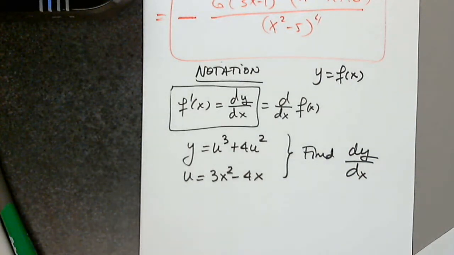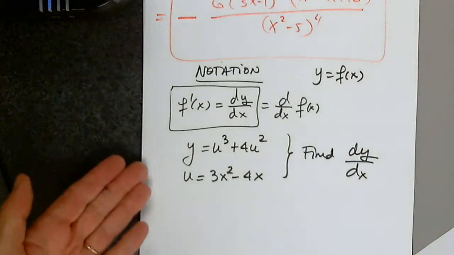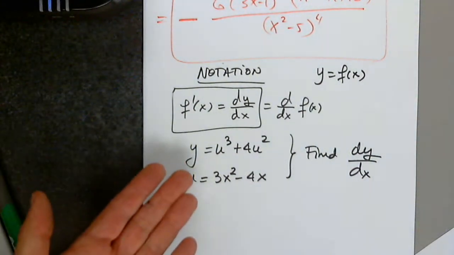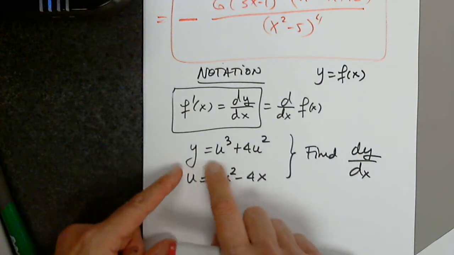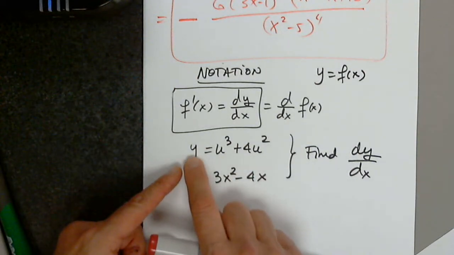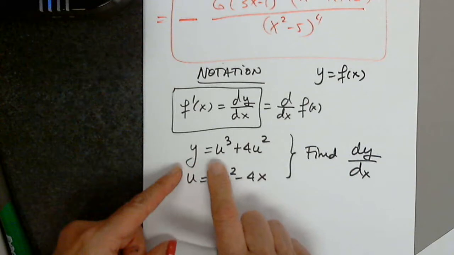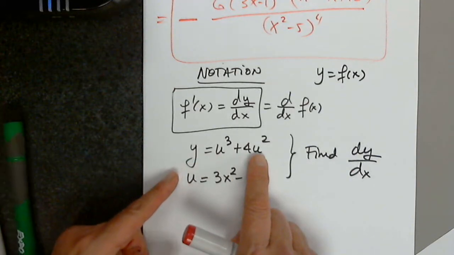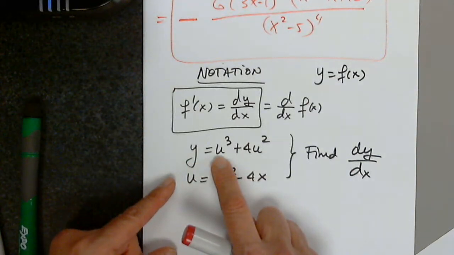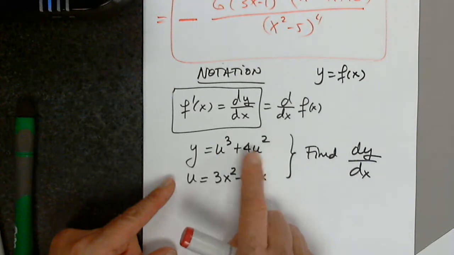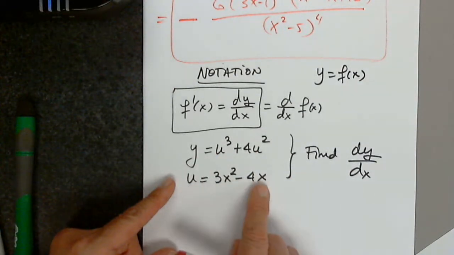So first of all, what is this telling us? I am really told here that y is a function of u, but u is not a variable. u is a function of a variable x.